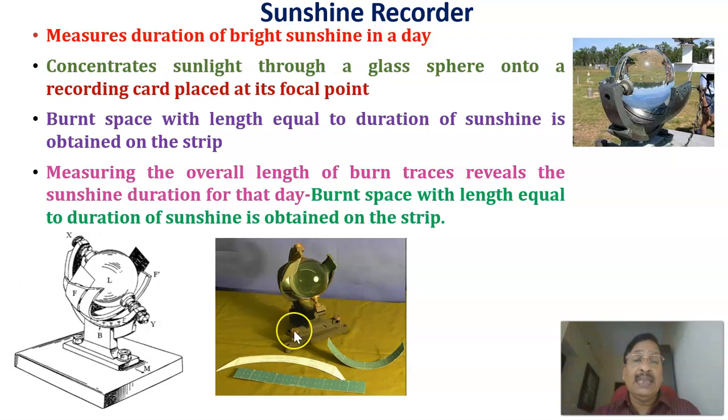The burn space in the strip, onto which we are focusing the sunlight, gets burned, and we measure the length of that burnt trace. So the burnt space with a length equal to the duration of the sunshine is obtained by the sunshine recorder. The sunshine recorder records the duration of sunshine by focusing the sunlight onto a strip that gets burnt.